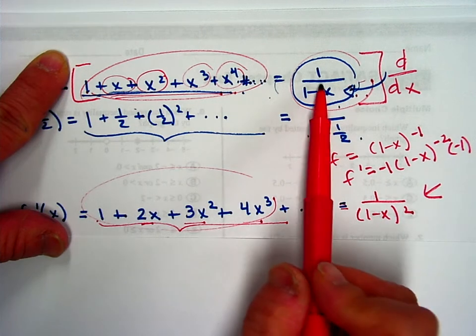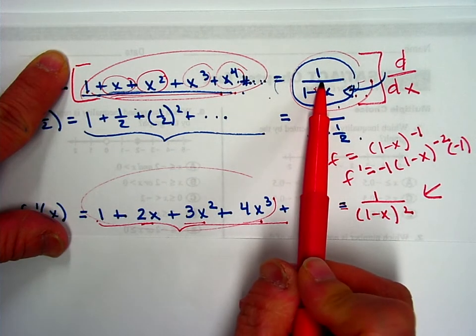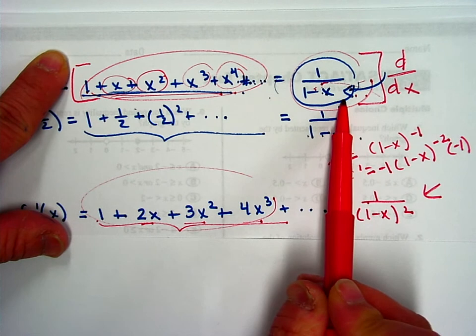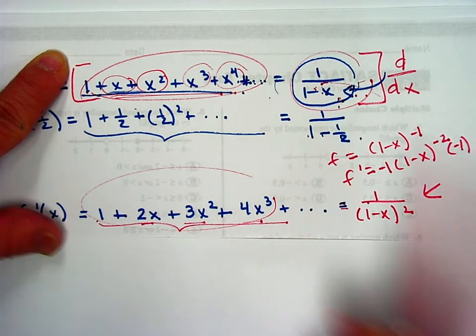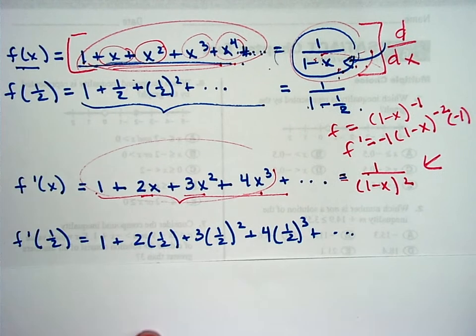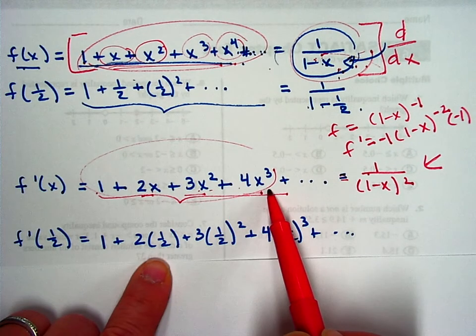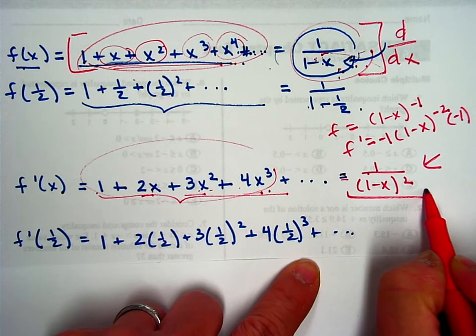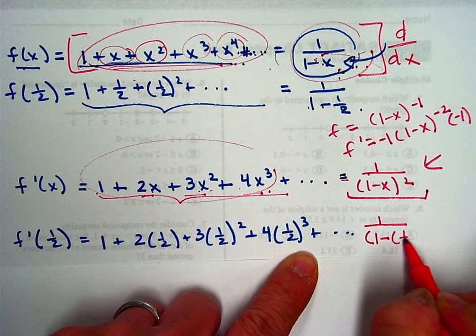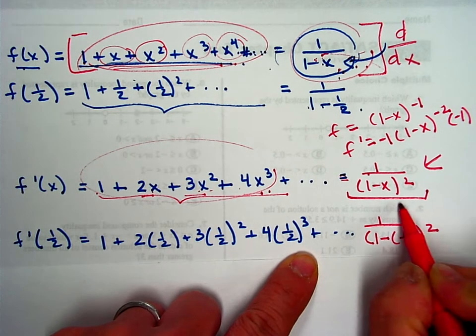But using the idea that I knew what the original function was, I can just go ahead and find the derivative using this original function. So then if I ask you to find f prime of 1/2, I could plug in 1/2 for x everywhere. And since I also know the function notation, this would be the same as 1 over (1 minus 1/2) all squared, replacing that x with the 1/2.